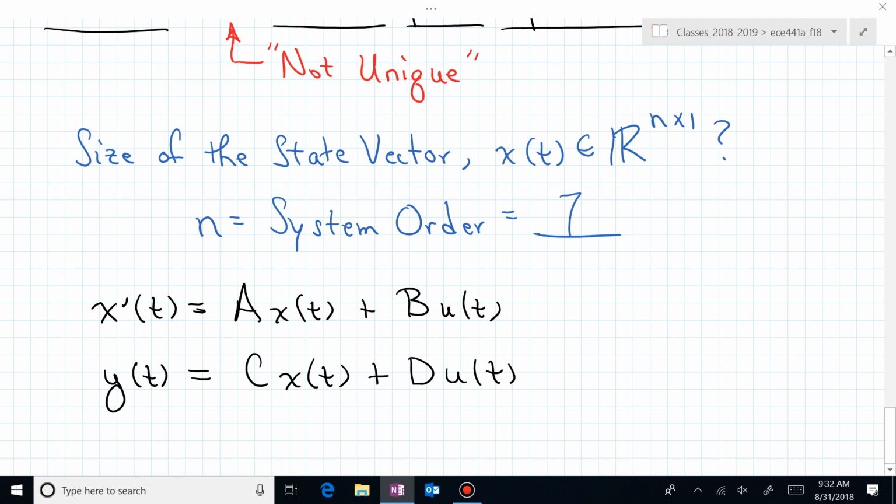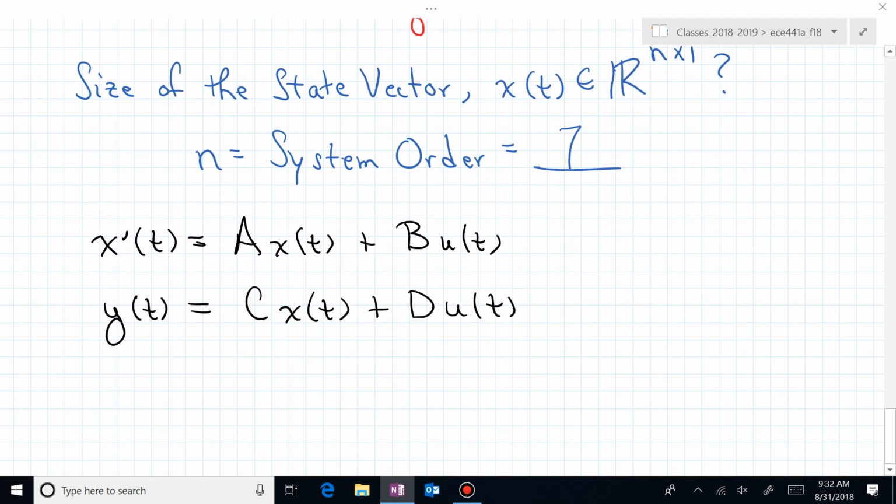You now know the size of x, x of t, has elements from the real numbers, the double vertical R. It's real numbers and it's 7 elements tall. How tall is u?